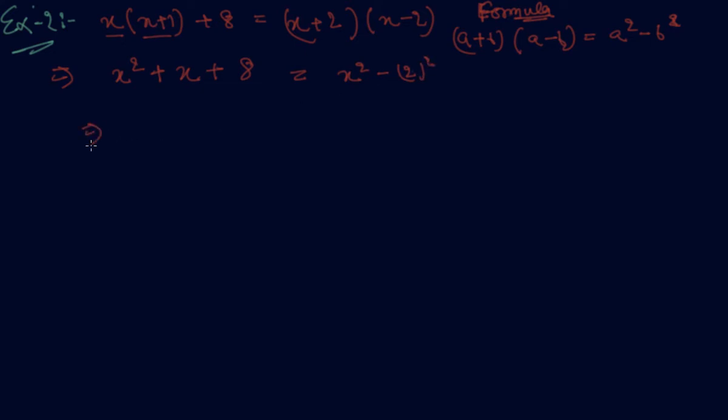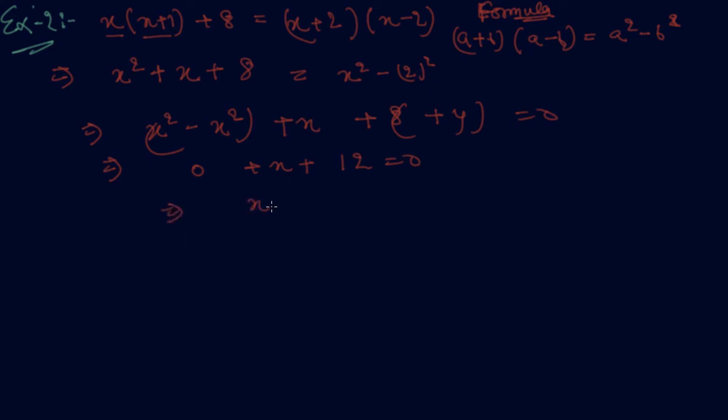Okay, so let's take all the terms on LHS. So this will be x square minus x square plus x plus 8 plus 4. Okay, this comes out to be 0 plus x plus 12 equals 0.